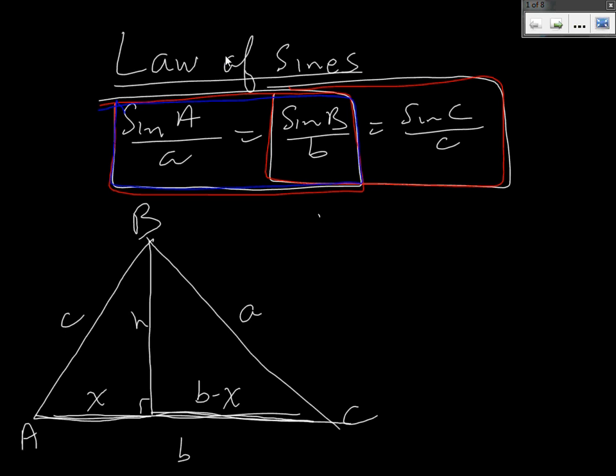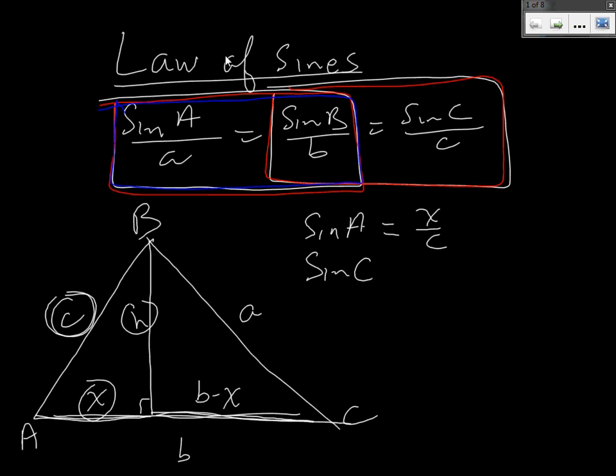And we look at things. What is the sine of A? The sine of A is opposite over the hypotenuse. The sine of A is x over c. I guess I lied a little bit, but you'll see what I mean.